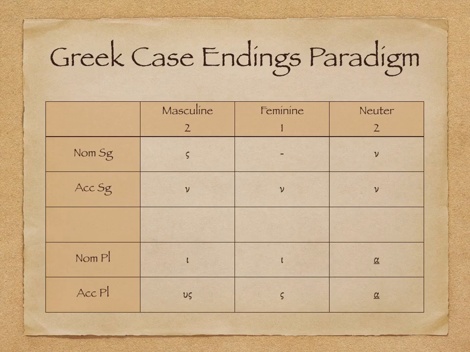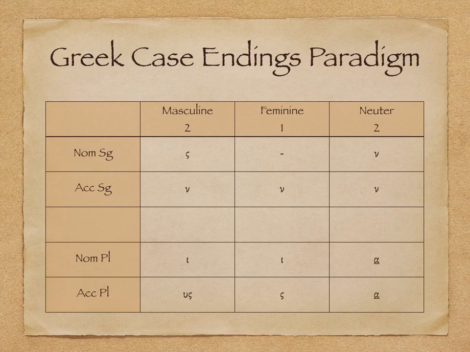So masculine uses second declension or second grouping, neuter as well, and feminine first declension or grouping. And the grouping is just these letters at the end of a word. So the nominative singular is a sigma for masculine, accusative singular a nu, nominative plural an iota, accusative plural upsilon sigma, and so on.